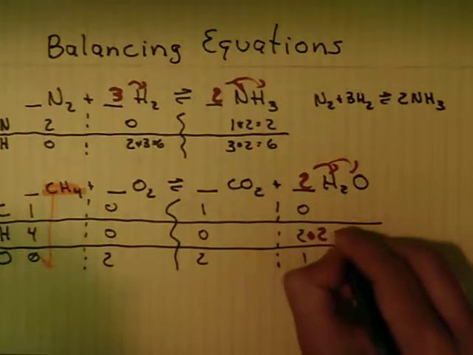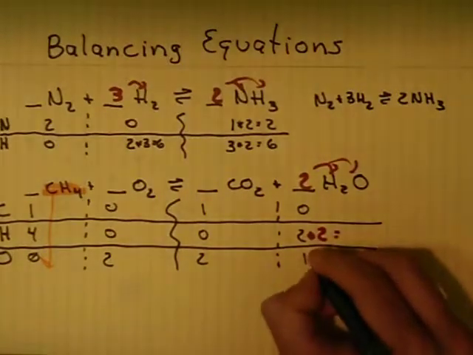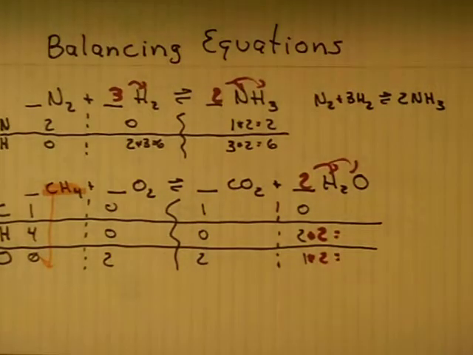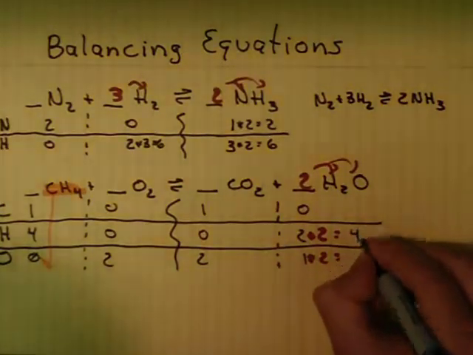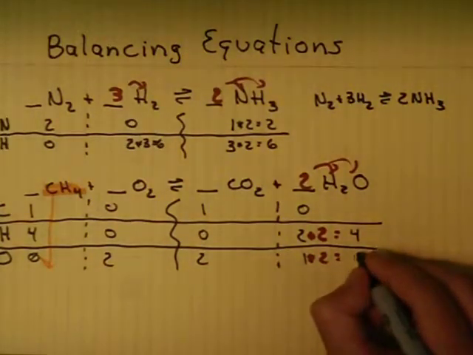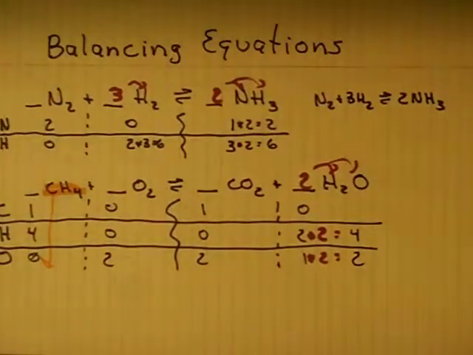So 2 times 2 is equal to 4. 1 times 2 is equal to 2.